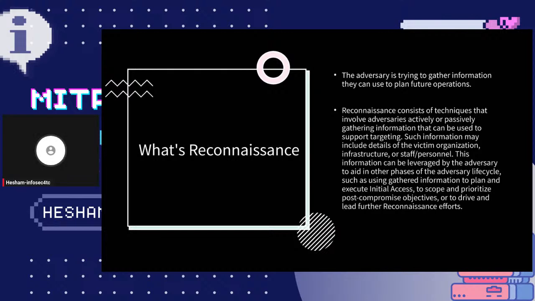I can make some phone calls, I can visit the location, I can do network scanning using active tools like Nmap, HPing, and so on. I can do directory brute force, maybe find a hidden directory on their website, or use social engineering techniques, tricking people into revealing sensitive information about their company.